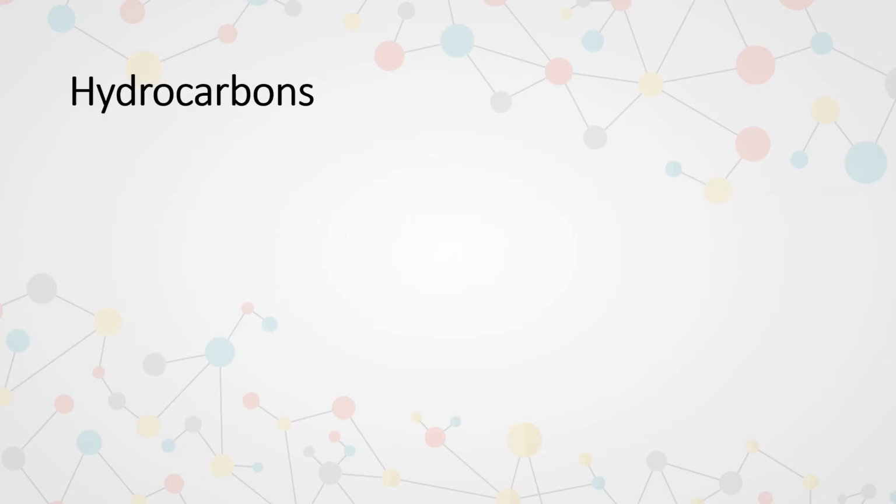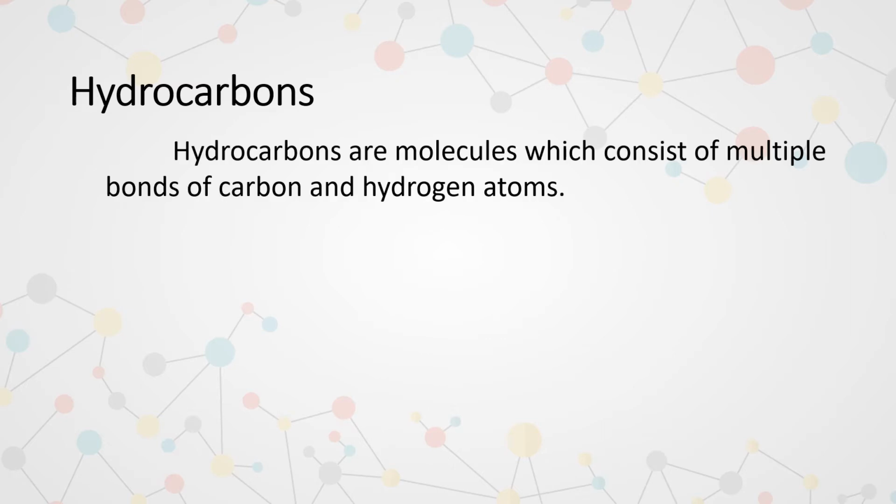The first functional group of organic compounds, which is mainly composed of carbon and hydrogen, is what we call hydrocarbons. Again, the main components of hydrocarbons are carbon and hydrogen only.